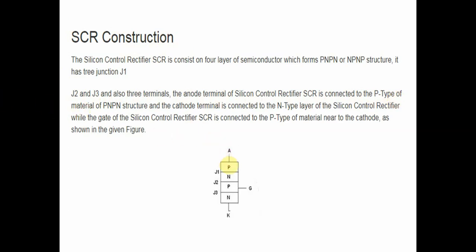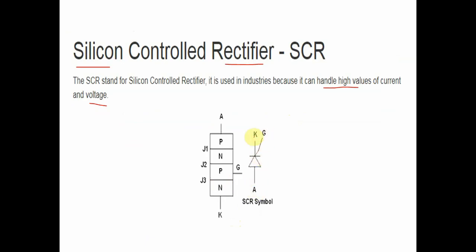Cathode terminal is connected to n-type material, and gate is connected to p-type material. This is the construction of SCR. Now in this symbol, the gate is connected to the cathode side, because the cathode and gate are nearly equal to each other, so gate is connected to cathode side.